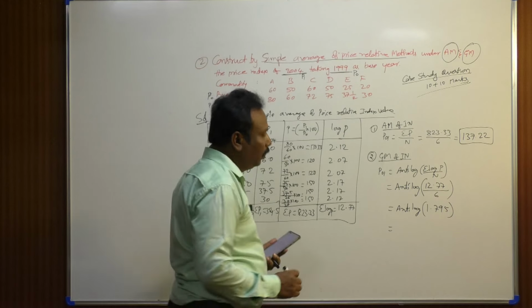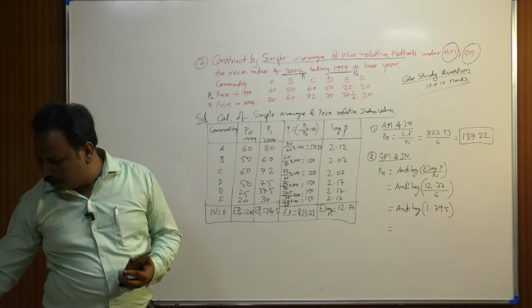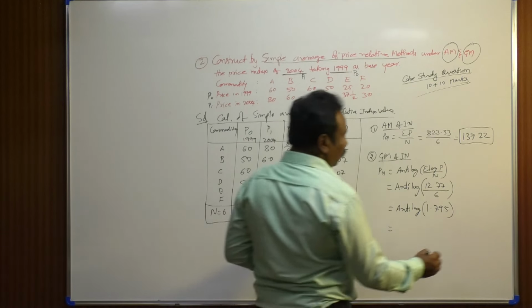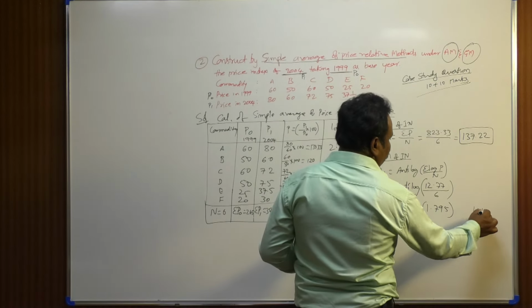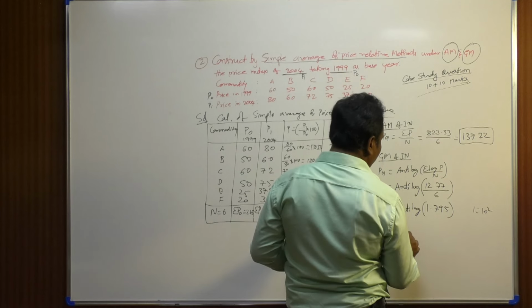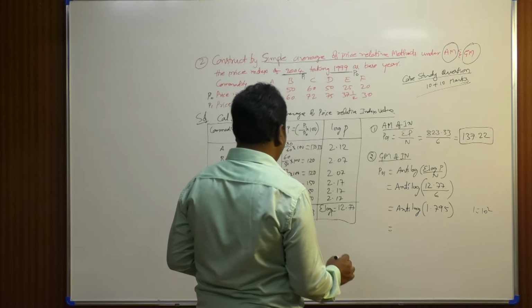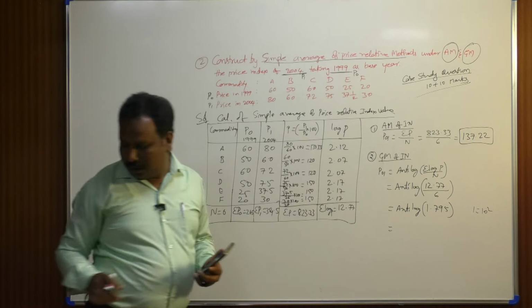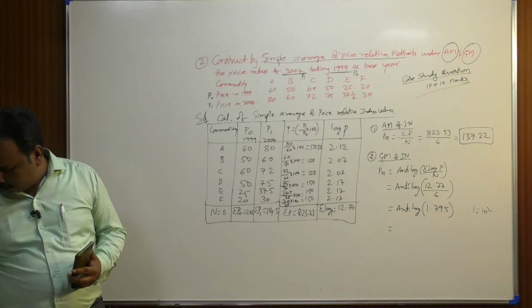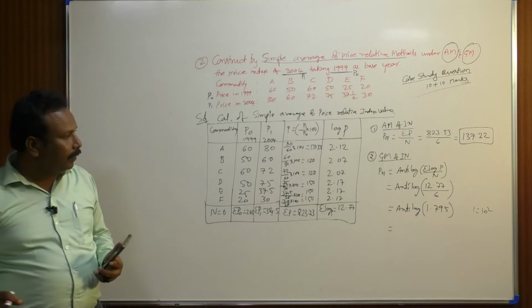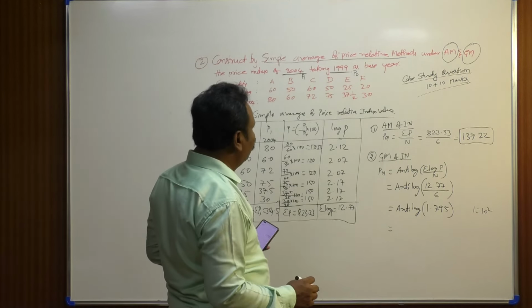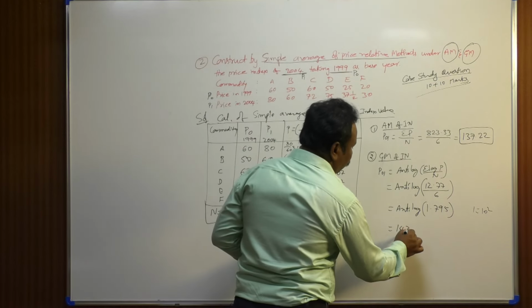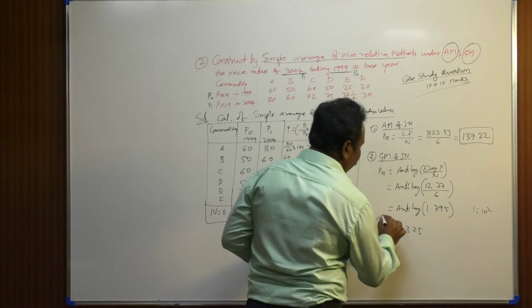So, antilog of this we will get 1 equals 10 to the power of 2, that is 100, and 137, 120, so 143.25.